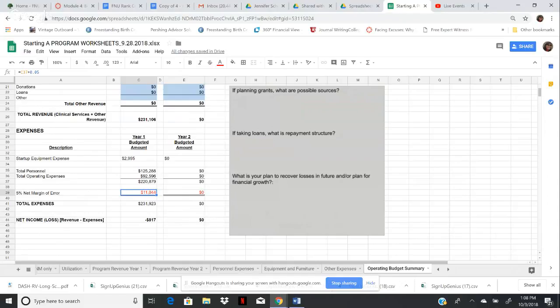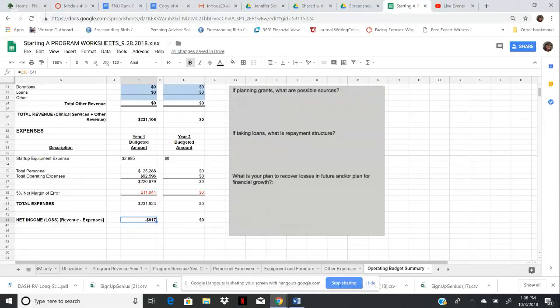So this just builds in a little bit of a safety net buffer into the bottom line. So that gives you a total expense of this amount here. And the revenue minus the expenses is what you come up with for your bottom line, and it's either a loss or an income. And so we are coming out with a loss. It's not much, so that's good.